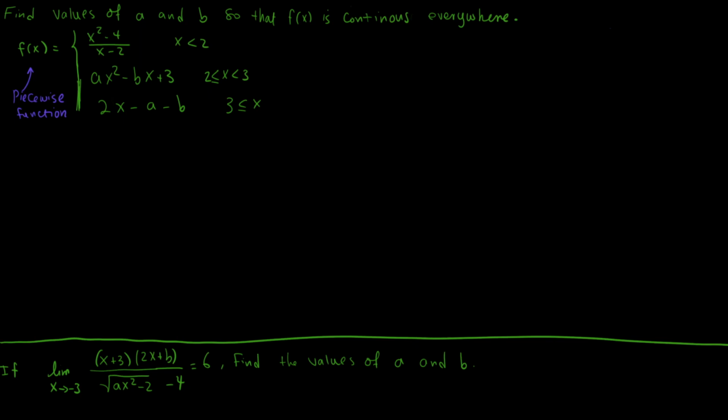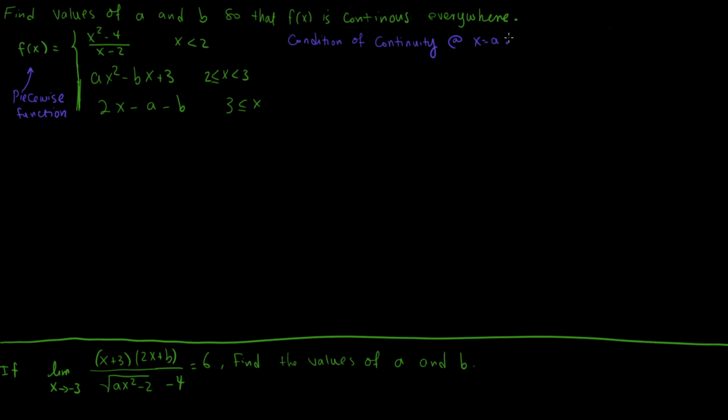Now, there are multiple things for you guys to remember. Number one is the condition of continuity. So this is what needs to happen for a function to be continuous at, let's say, x equal a.